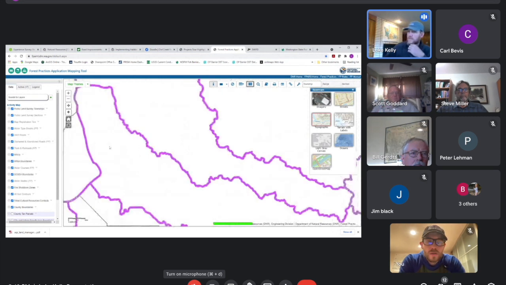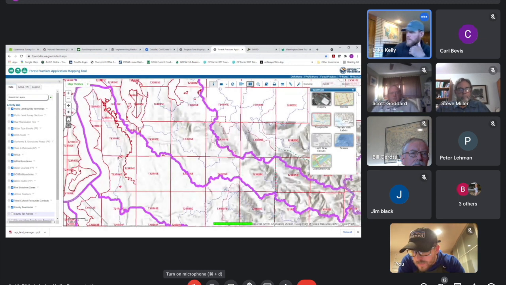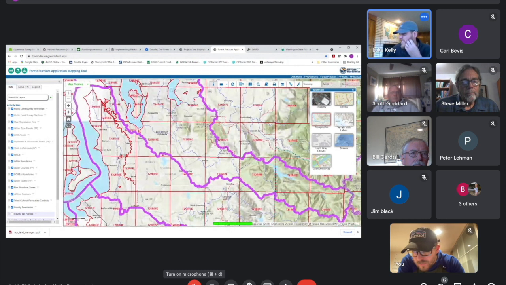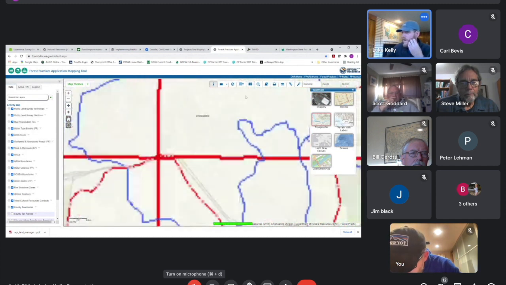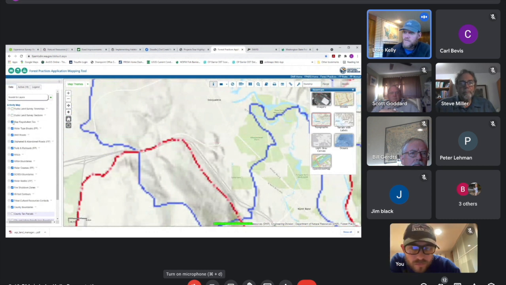If you look to the left, you can see a lot of information: section, township, range. They have kind of large scale boundaries. But it can get kind of busy, so I often turn these off.